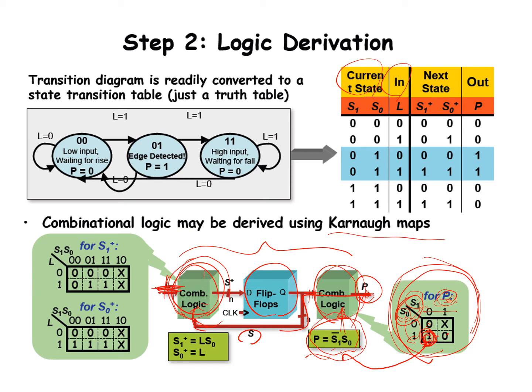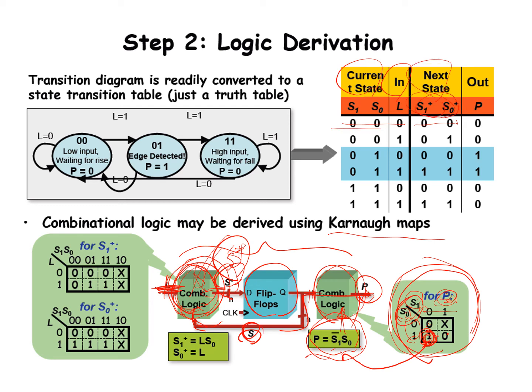How about the combination logic inside the state machine, like here? We first write down the input and output conditions. The output of the combination logic inside is the next state, S plus. So S plus is the next state and S is the current state, right? So next state is the output.